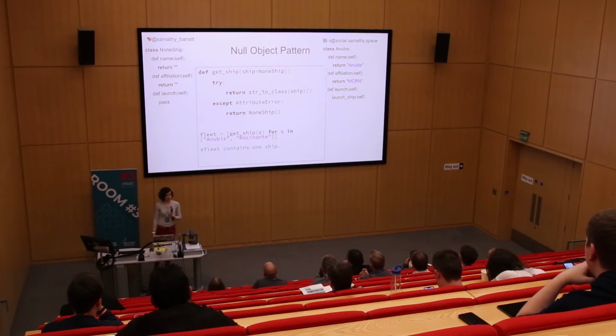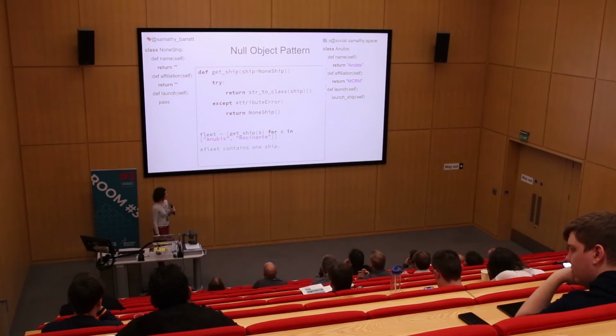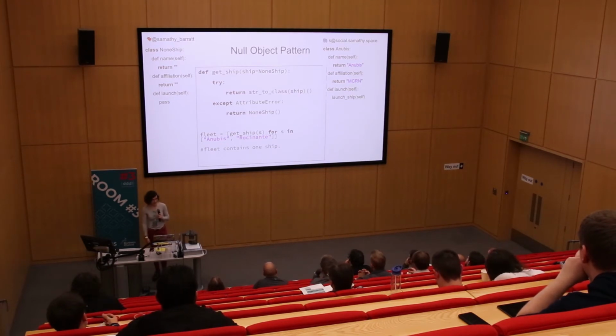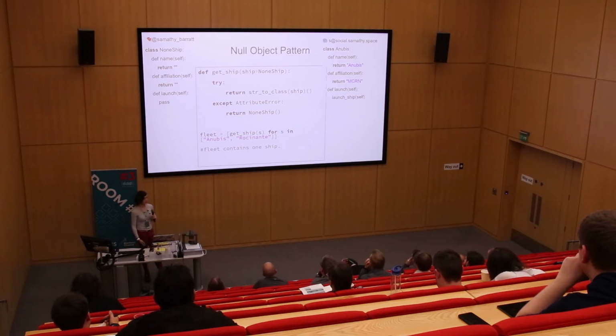And it allows the program to continue running without error, without exceptions, flawlessly functioning as if the ship Rocinante does exist, because we can perform all the operations we would on a regular ship on this none object. So like I said, it covers up all the errors that might happen. It doesn't throw any exceptions, but I'm not convinced that's a good thing.